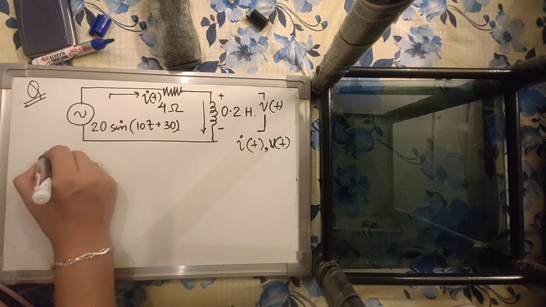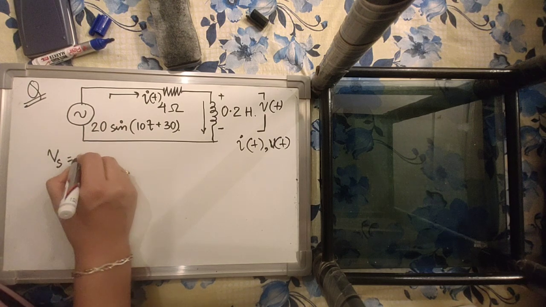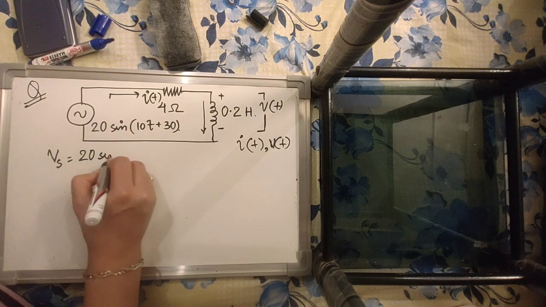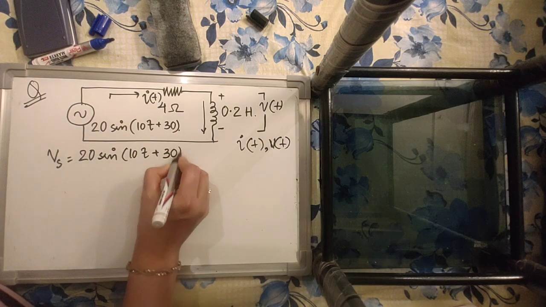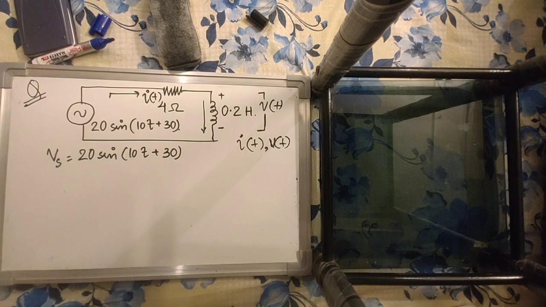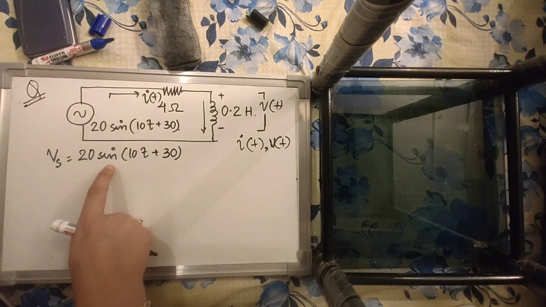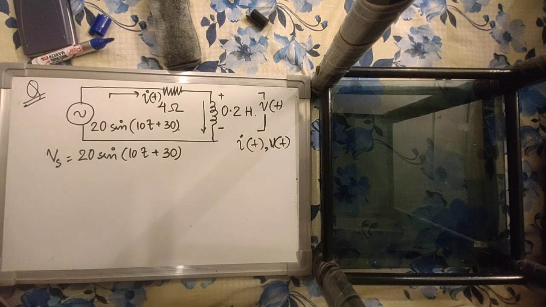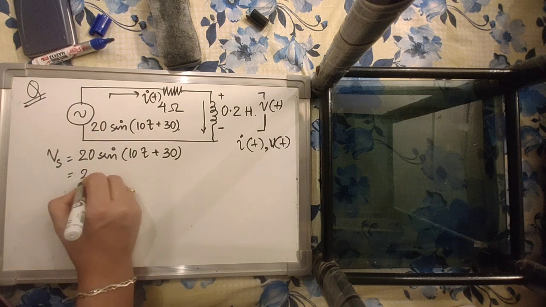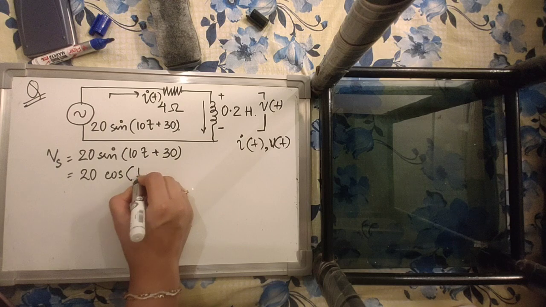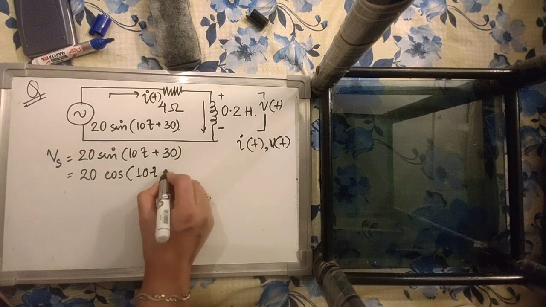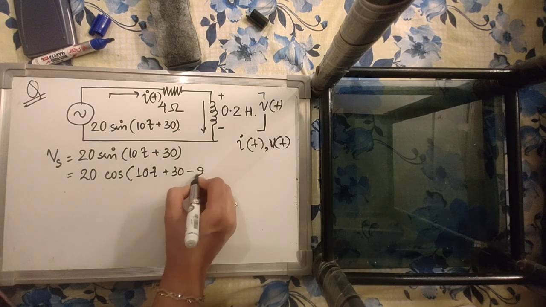So we know that the source voltage, let's call it Vs, is equal to 20 sine 10t plus 30. In order to represent it like a phasor, it is convenient to use the cosine representation. So I can write it as 20 cos of 10t plus 30 minus 90.